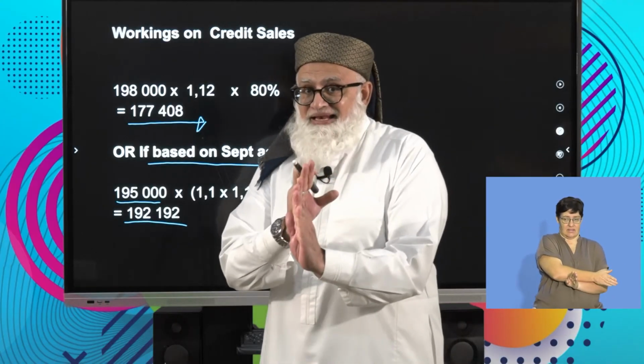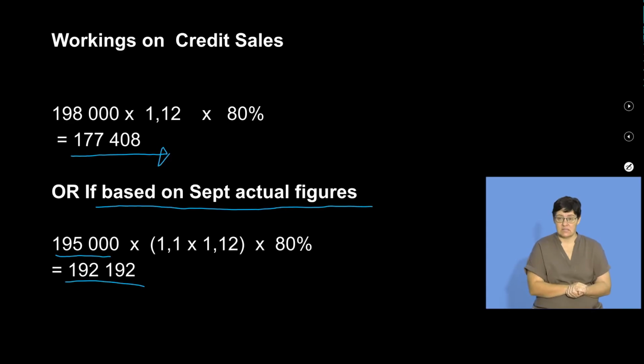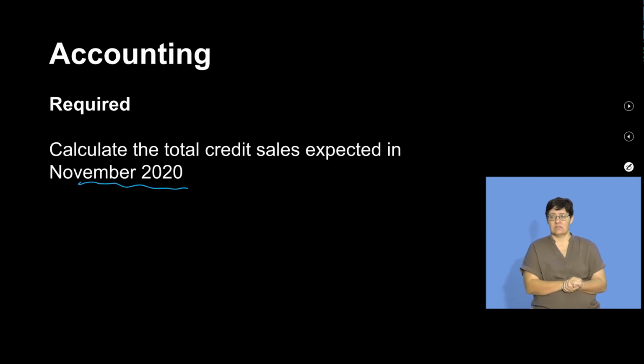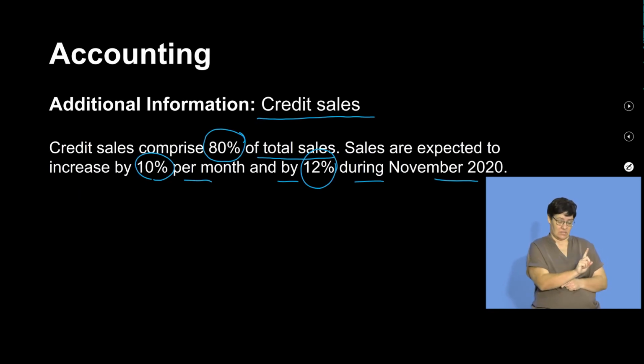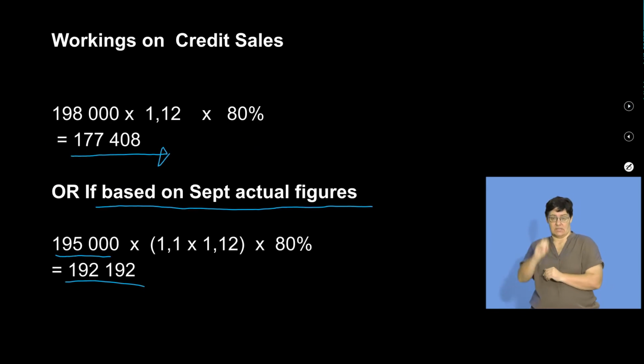Then what was the proviso? If we look at the proviso, they told us that sales was going to increase by 10% and then by 12%. So therefore, there's your 10% increase from September to October, and from October to November was a 12% increase.